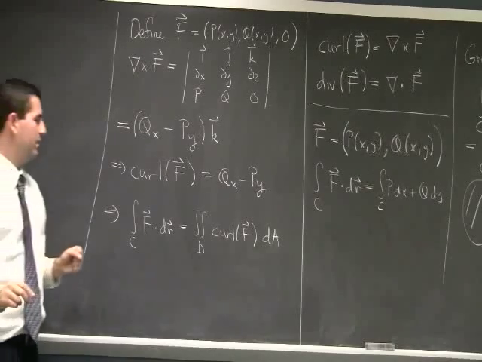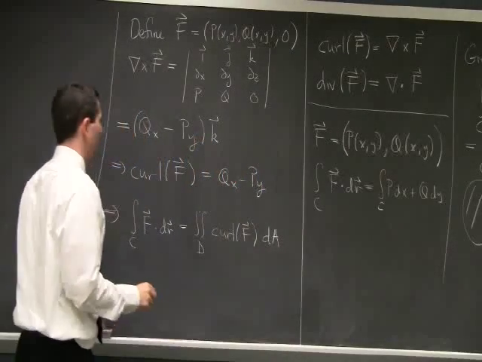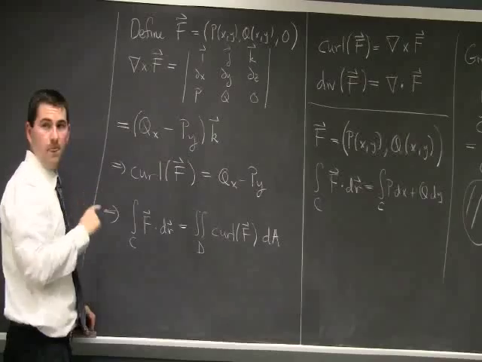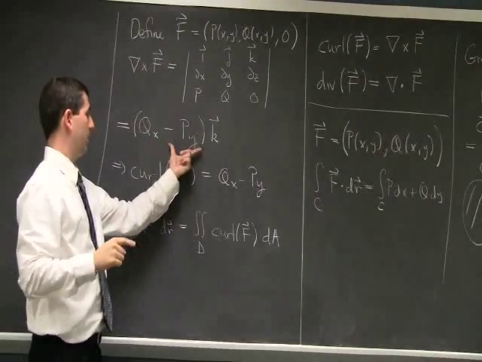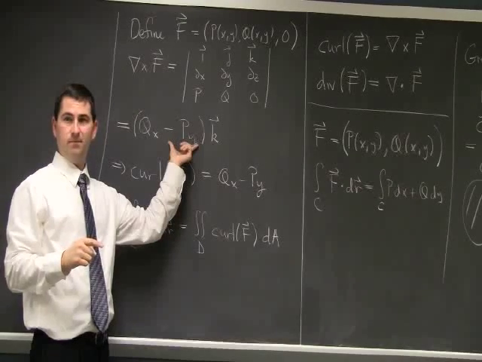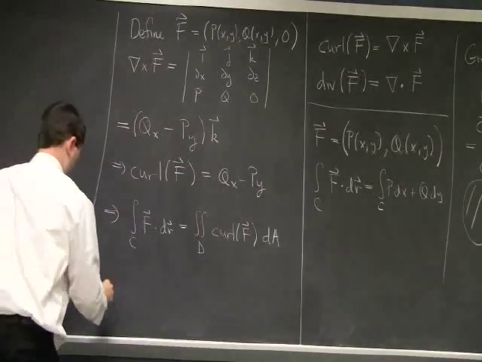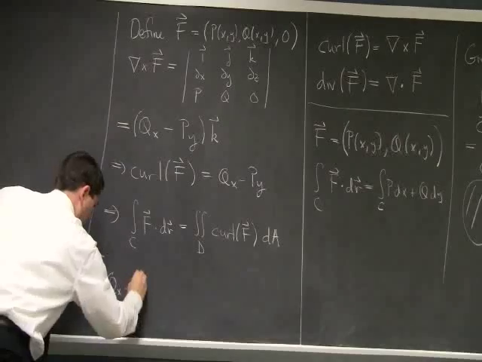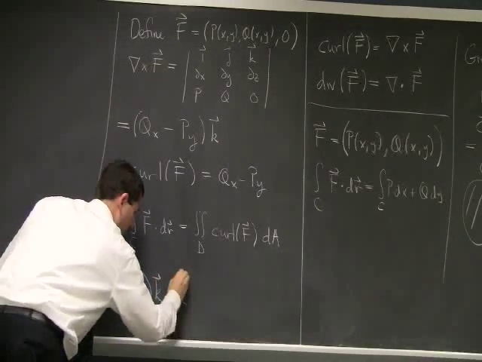So if I just want to have Q_x minus P_y, here's a really slick trick. Take this and take the dot product with k. Right? What's the dot product going to be if you dot product with k? If you do the dot product with k, it's Q_x minus P_y, k, dot product k.